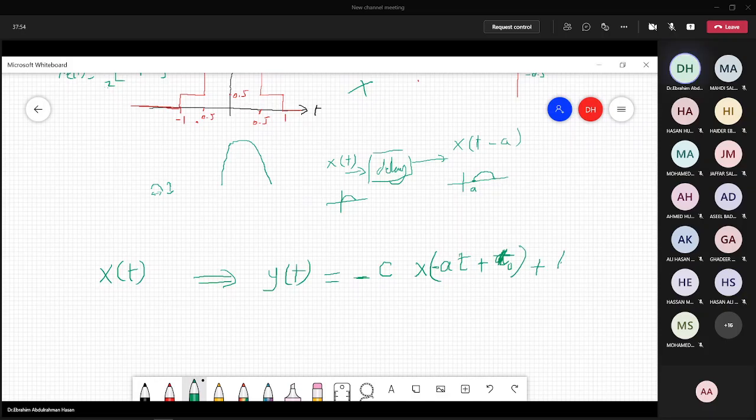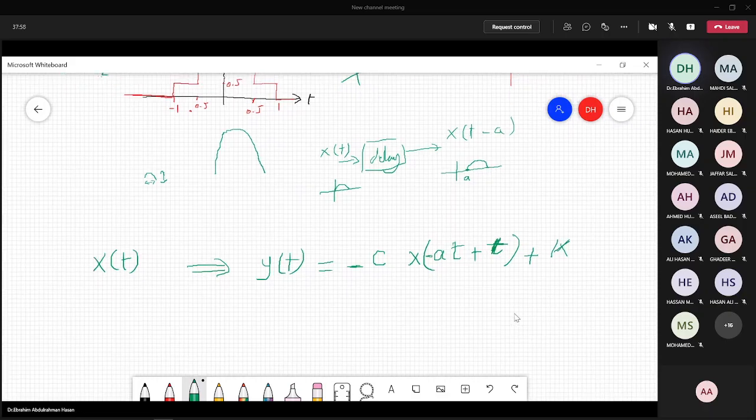And there is a possibility of we have some K here.